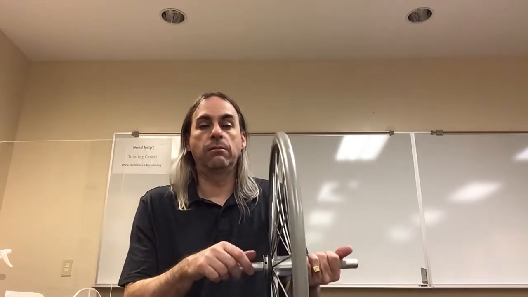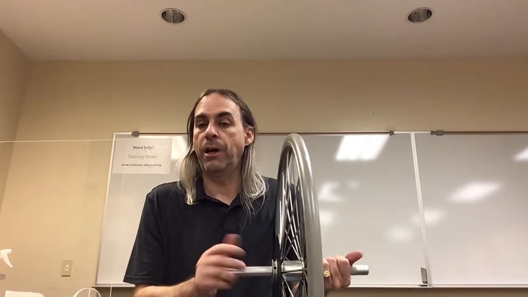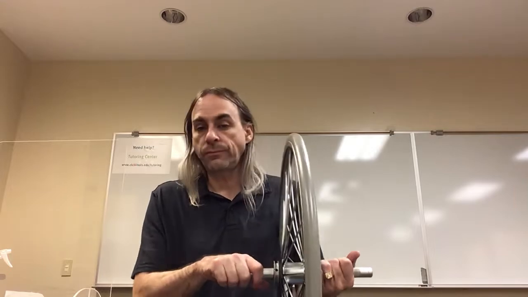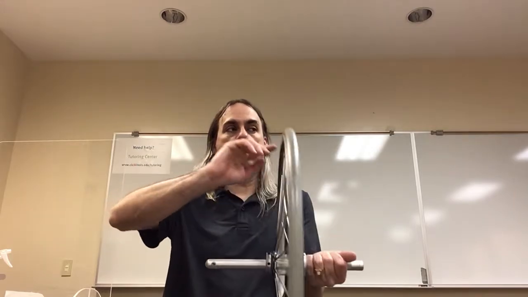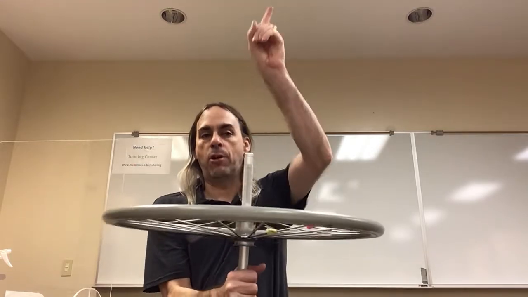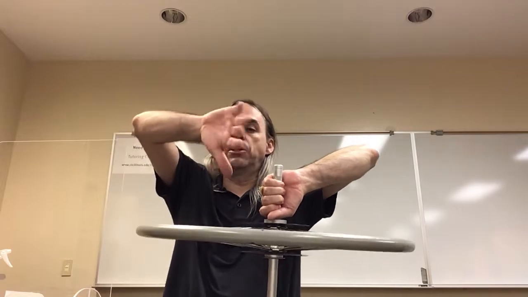There's an angular momentum in that direction, but that's going to be compensated by torque basically from the floor. So I'm going to twist the wheel this way to create an upward angular momentum, and then I have to spin in a way to produce a downward angular momentum, so I should spin this way when I do the experiment.